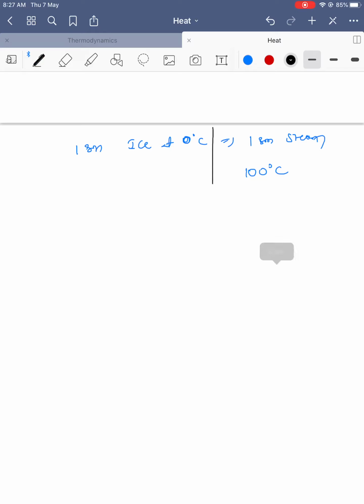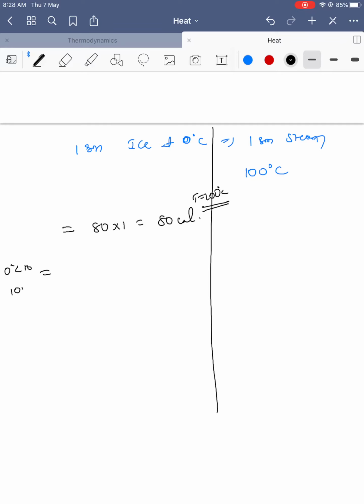So first, the common temperature can be in between. First let's take the common temperature as 100 degrees Celsius. How much energy is required for ice to melt to water at 0 degrees Celsius? So 80 into 1, it is equal to 80 calories required. Next, from water at 0 degrees Celsius to 100 degrees Celsius: m S into delta T, mass is 1, S is 1, into change in temperature 100, so 100 calories is required.